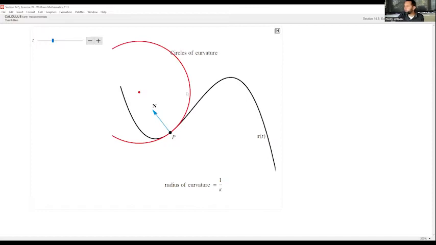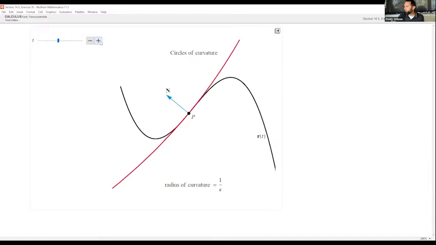Okay. Watch what happens as we go from this concave up part of the black curve to the concave down part. So notice that the circle is getting larger and larger and larger. And it's above the curve, so the curvature is above. And then right when we hit that point of inflection coming up, what's going to happen?